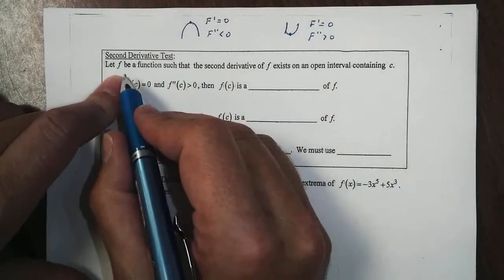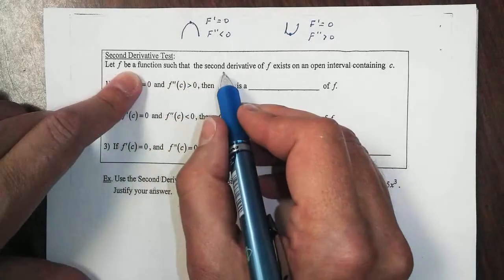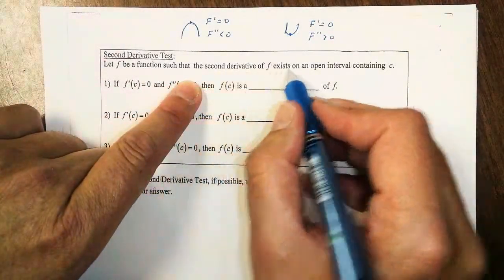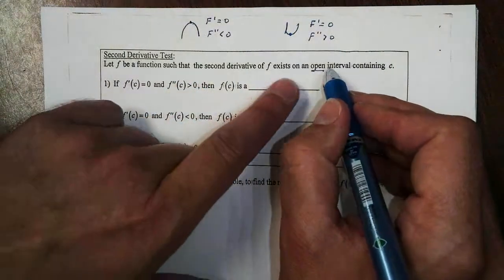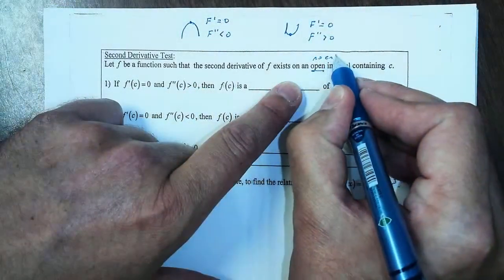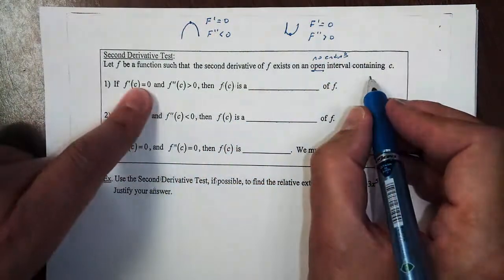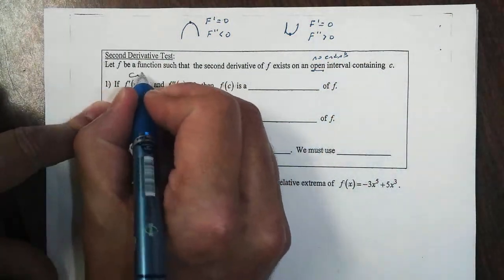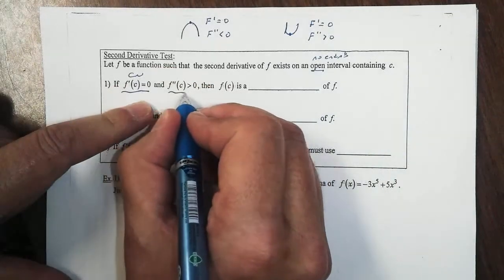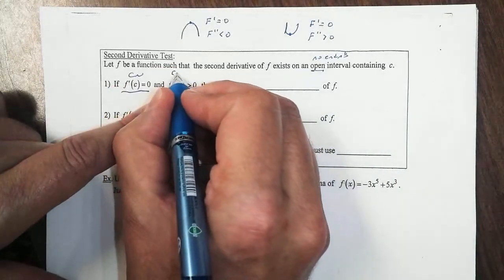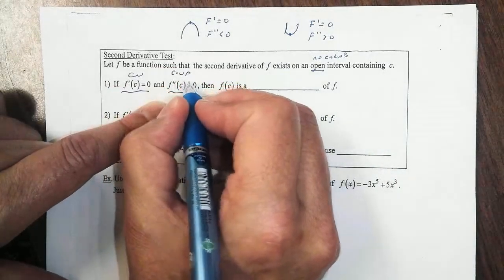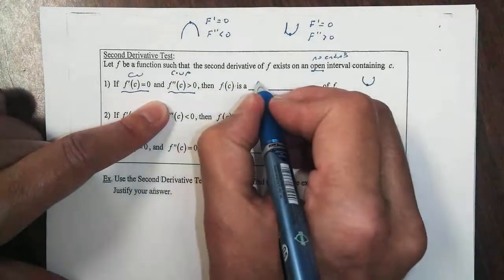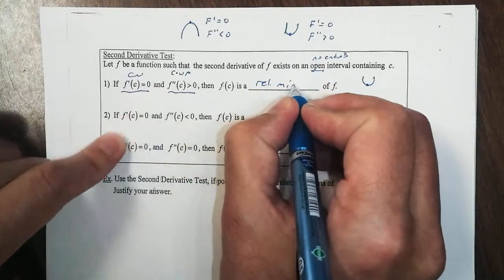If we let f be a function, and this is a more formal definition, where the second derivative exists on an open interval, remember, no endpoints, we can't include endpoints, then we can say if the function has a first derivative of 0, in other words we have a critical number, and the second derivative is positive, so the function is concave up, then at the very bottom we have a relative minimum.